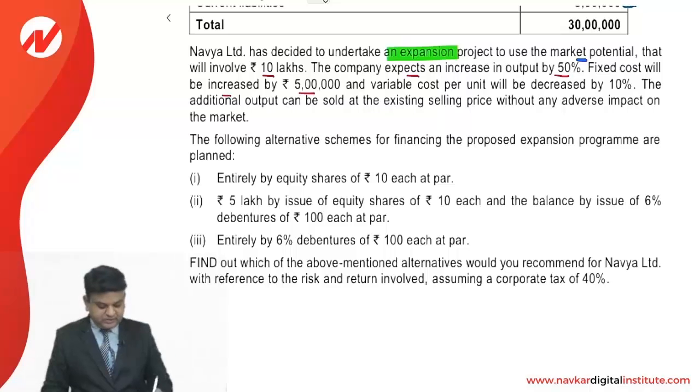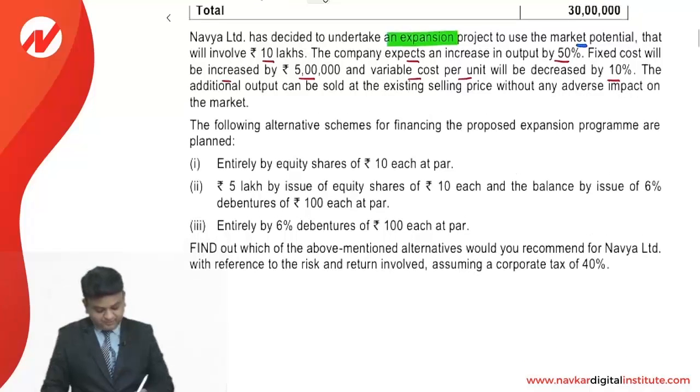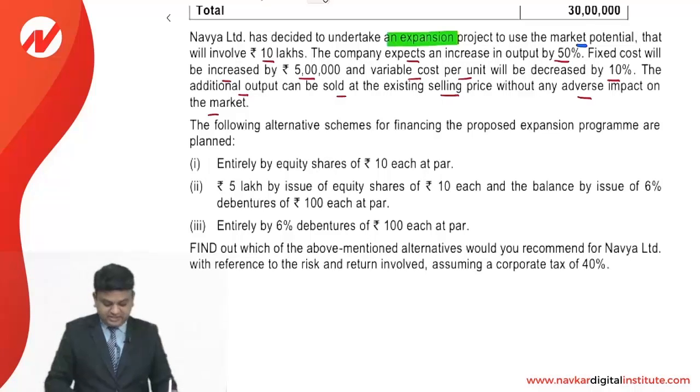Fixed cost will be increased by 5 lakhs. Per unit variable cost will decrease by 10%. Additional output can be sold at the existing selling price without any adverse impact on the market. It means that you will be able to sell the additional output at the same price.